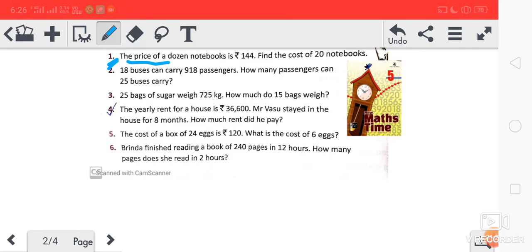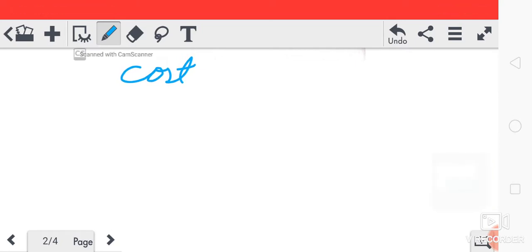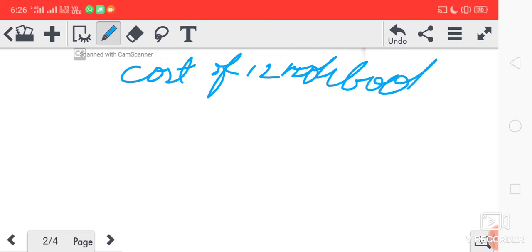Okay, so first of all we'll write cost of 12 notebooks. The cost of 12 notebooks is given how much? It is given 144 rupees, isn't it?